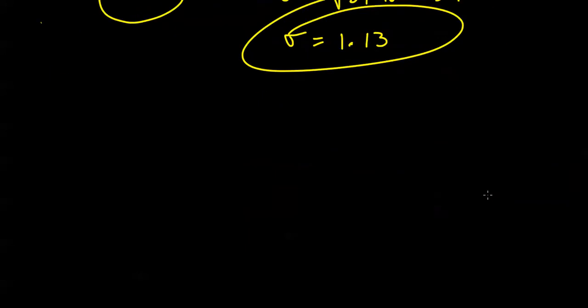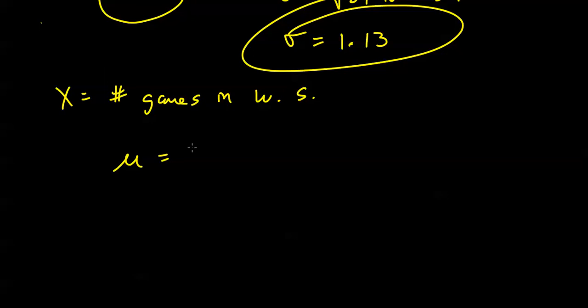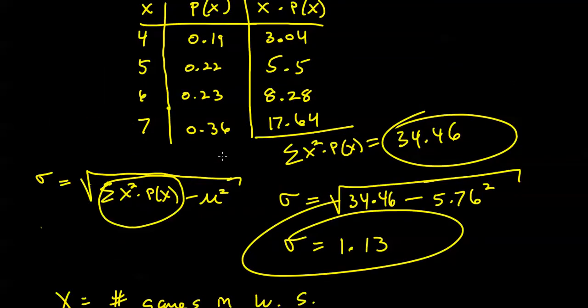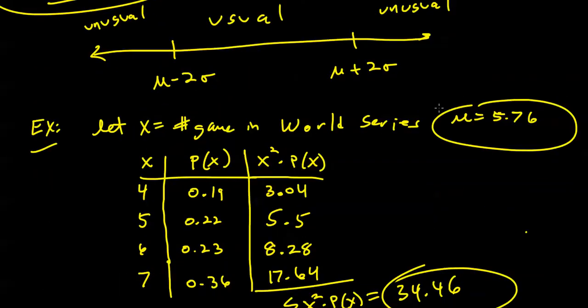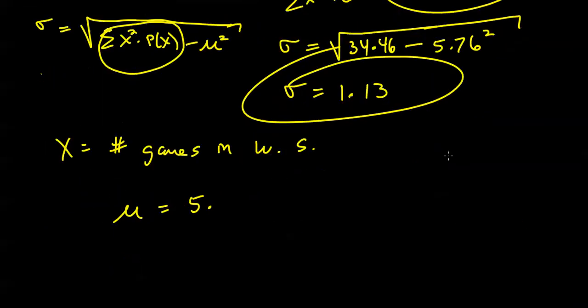So if x is the number of games in a World Series, I claim the mean number of games is 5.76, and the standard deviation was 1.13. Okay?